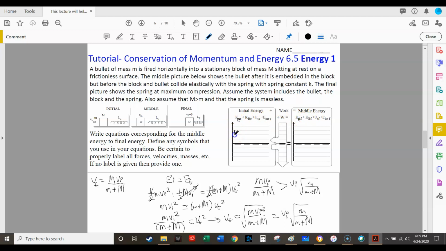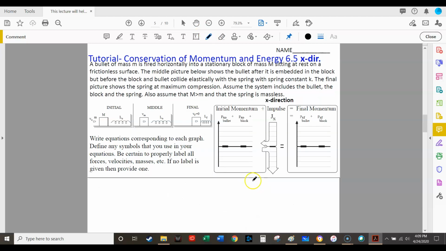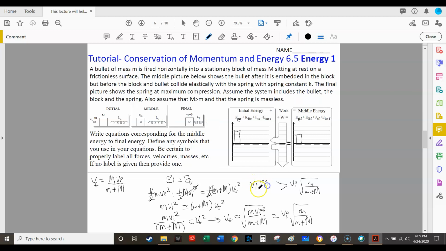So let's say it had 3 blocks of kinetic energy coming in. Well, what that means is now it's lost some energy, right? Let me back up and rewrite this equation so it looks a little different but means the same thing: v_i times the square root of M over small m plus capital M. What I'm saying is these two things are not equal.